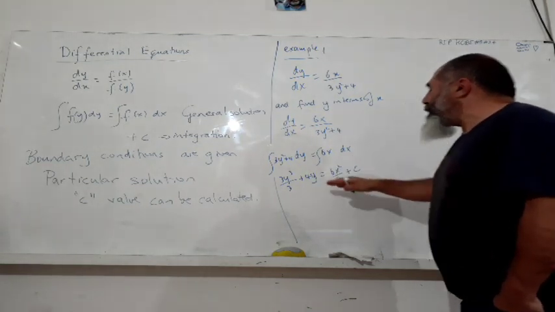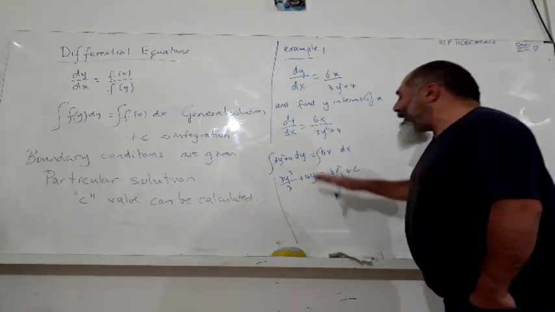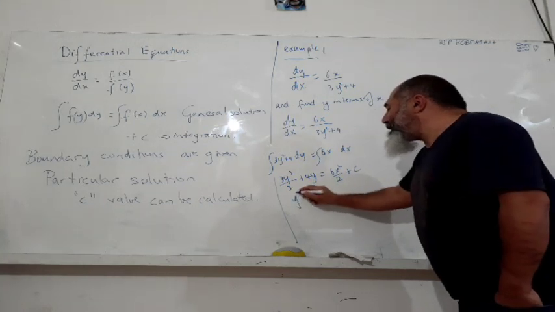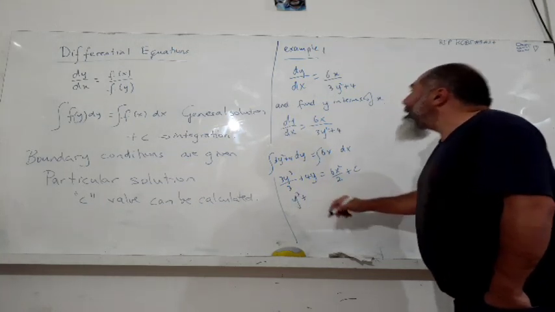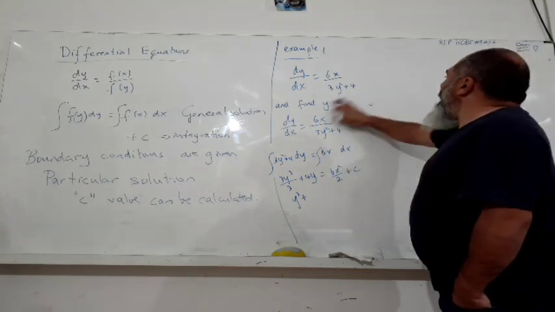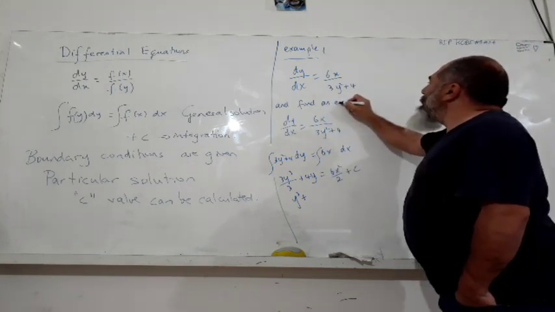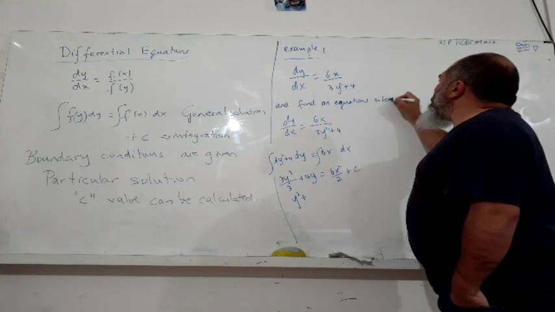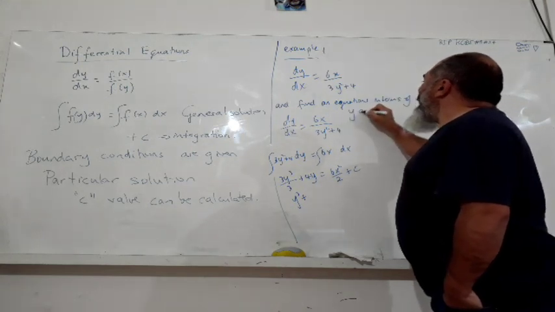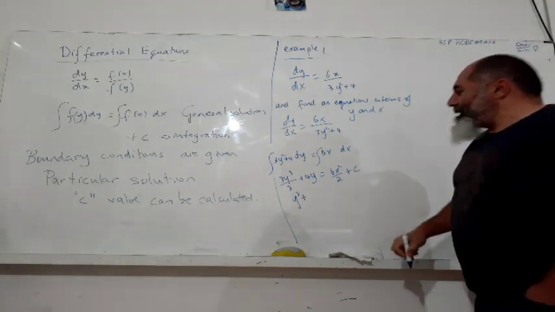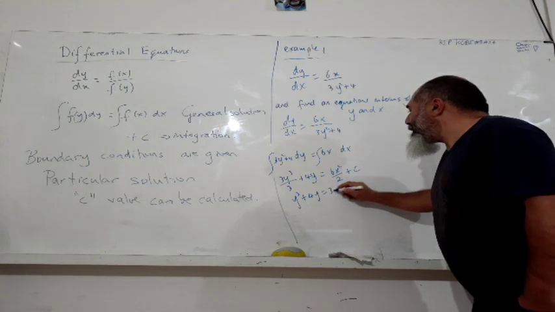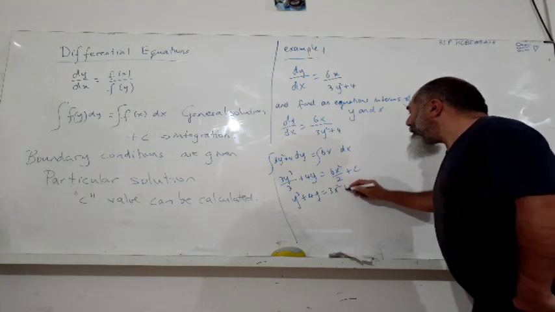So we obtain an equation in terms of y and x, as the question asks, 3y cubed over 3 plus 4y is equal to 3x squared plus c. That's the solution. So easy.